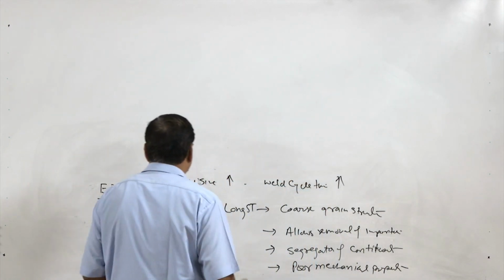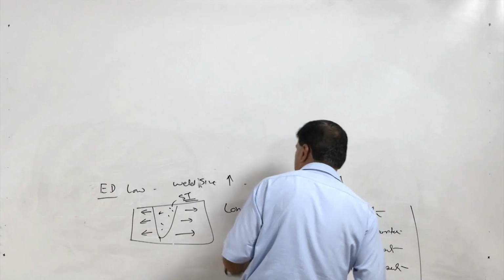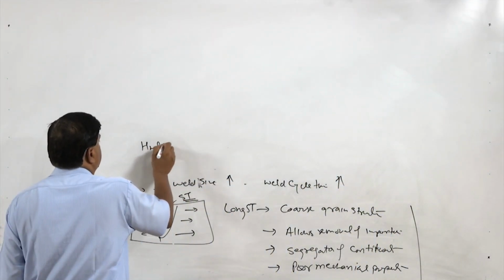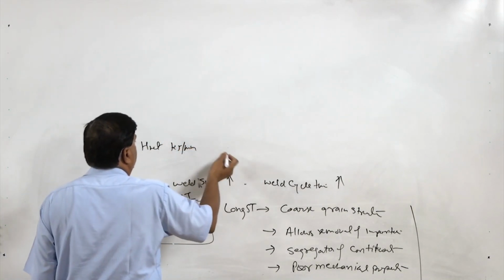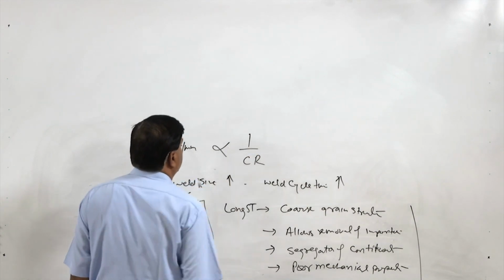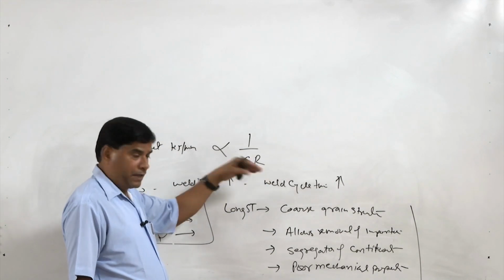So the solidification time is actually linked with a number of things, and it is related with the heat input. So H net, basically the heat input in say kilojoule per mm, directly affects the cooling rate, and it is inversely proportional. Higher the heat input, lower will be the cooling rate.